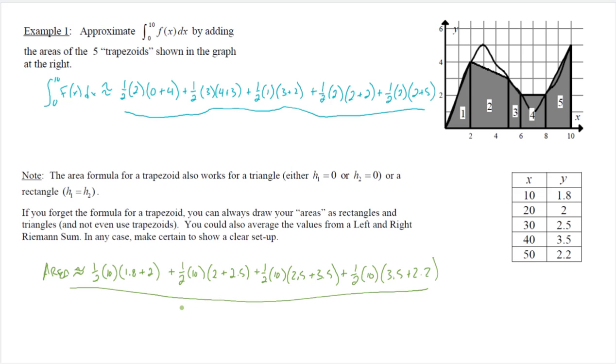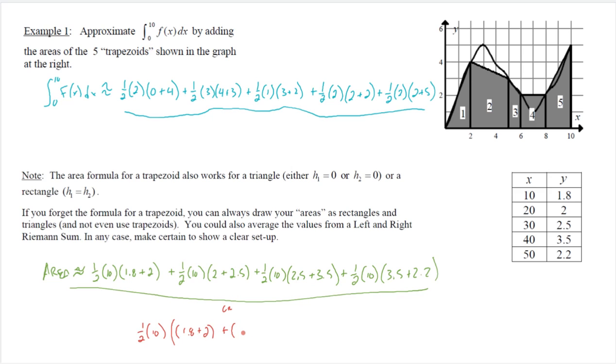You could also, however, with this one, if you decided to lump it all together, and this might be easier for a calculator, you could potentially write this like this: 1/2 times 10. And since that's common to all of these, you do your great big parenthesis, and then you would do your individual sections one at a time.